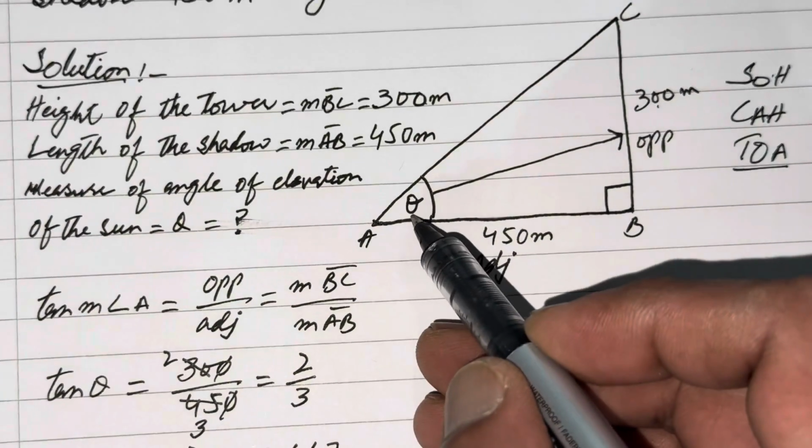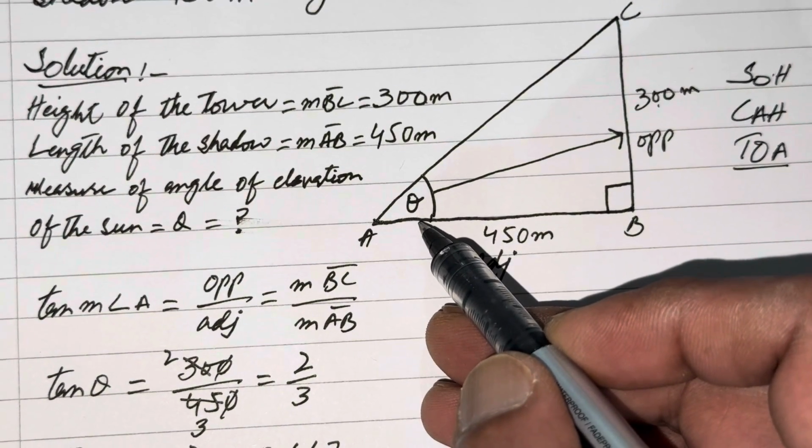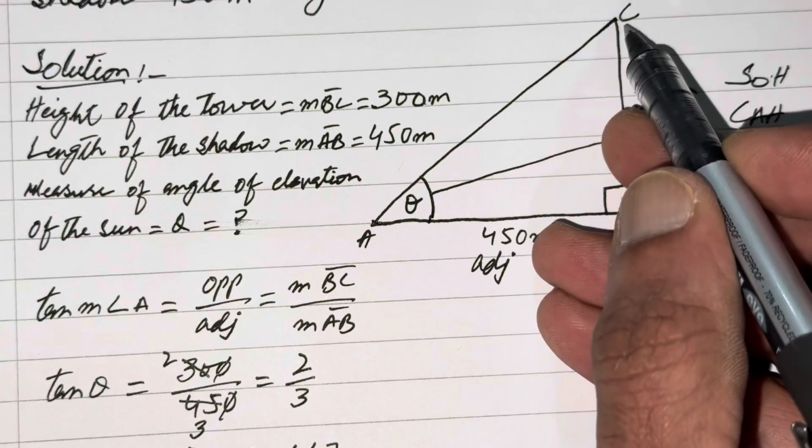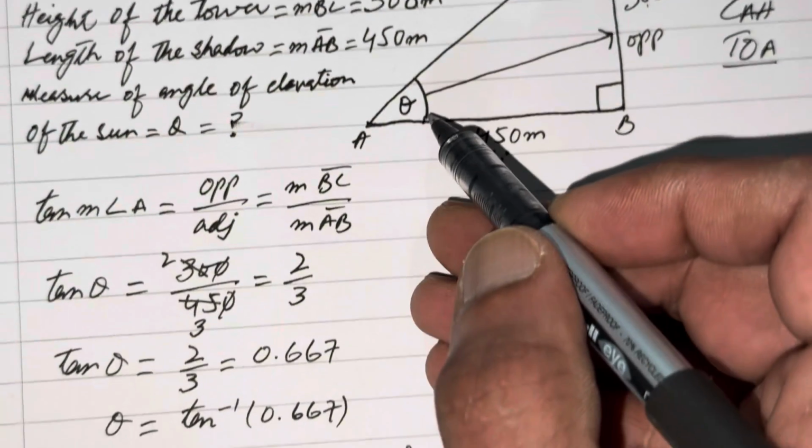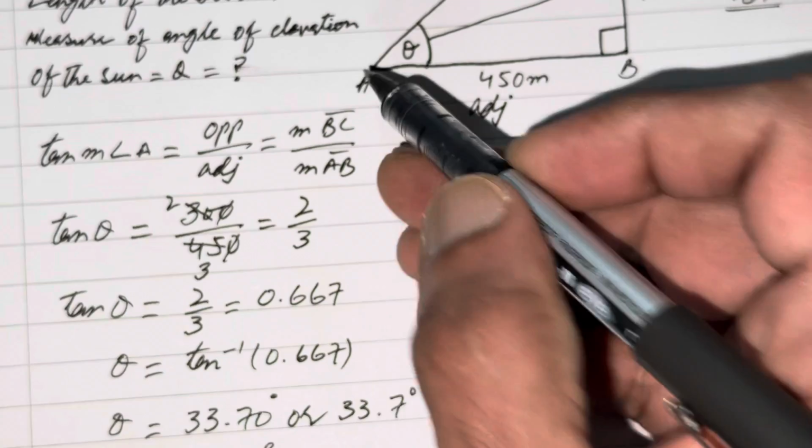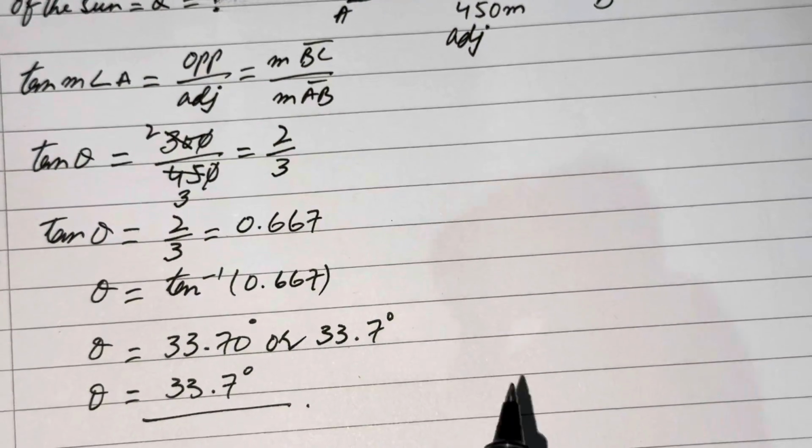That's the angle of elevation which is made by the sun from the top of the tower at point A. So theta is the angle of elevation.